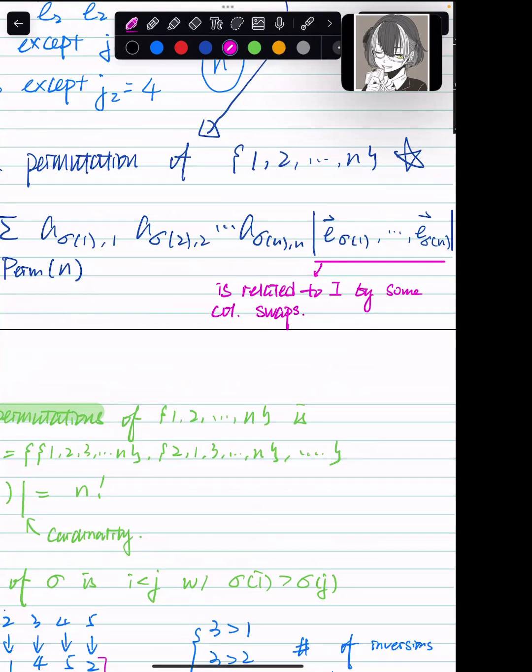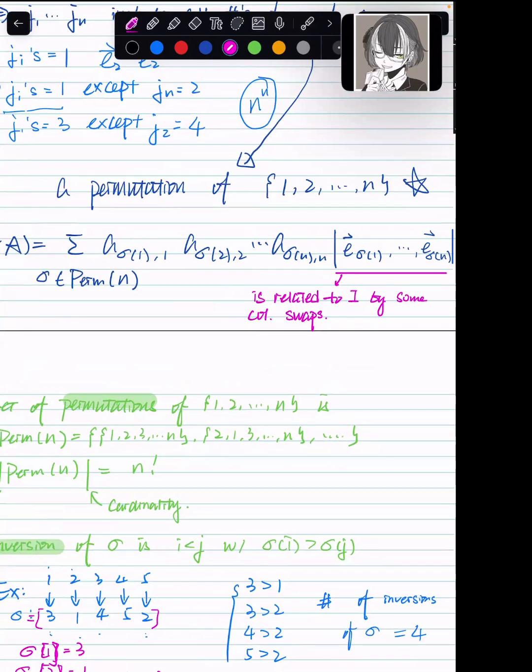That means the determinant of this thing is either +1 or -1.